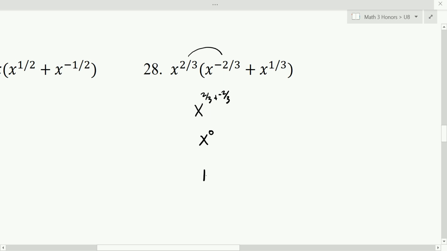Okay, so that's the first product, plus x to the 2/3 times x to the 1/3. What's that going to be? X to the 3/3, which is x to the 1, which is x.